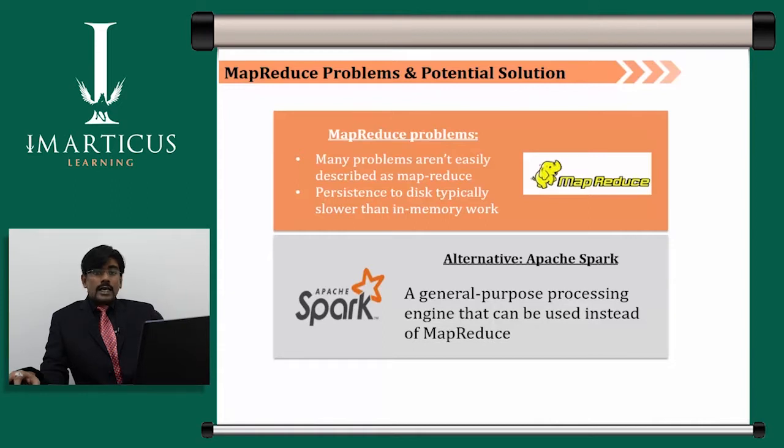You can store that data in RAM, and as we all know, fetching data from RAM is always faster than fetching data from regular storage. So Apache Spark gives us the advantage of in-memory computing, from where we can fetch the data and process the result faster. We'll see that in a while also.